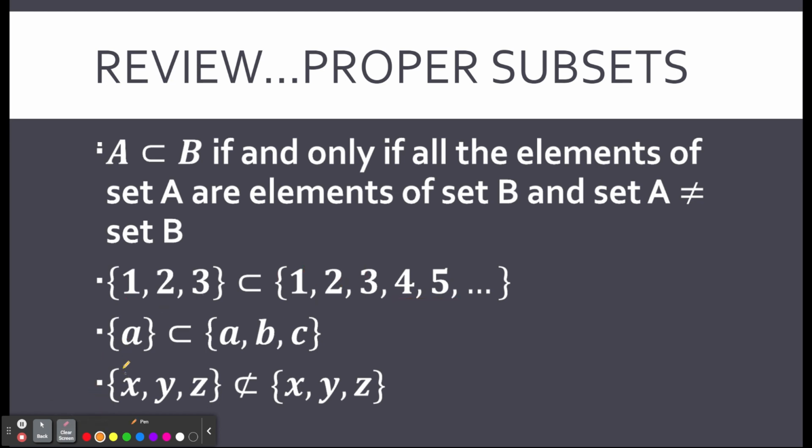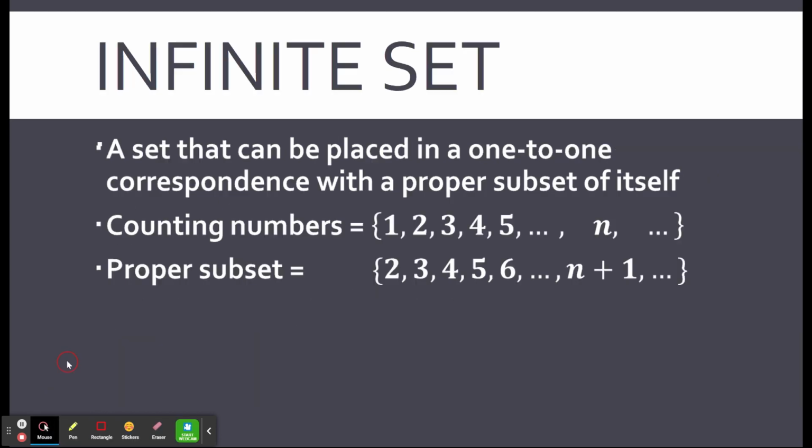The next example, A is a proper subset of ABC because again, A is right here. Down below, the third one, XYZ, is not a proper subset of XYZ because they are the same terms. A is a proper subset of B if and only if all the elements of set A are elements of set B and set A is not equal to set B.